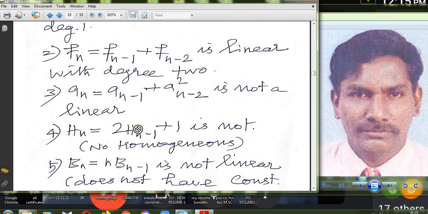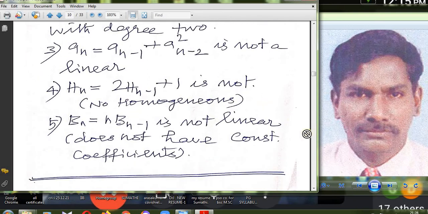All terms should have the variables, then only we say it's homogeneous. But here we have a constant, therefore it's not homogeneous. Similarly here, n times bn minus 1 is not linear, it does not have constant coefficients. It is n, a variable we have, but a constant should come here. Therefore it is not a linear recurrence equation with constant coefficients.